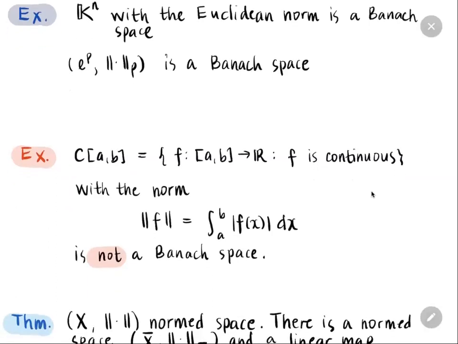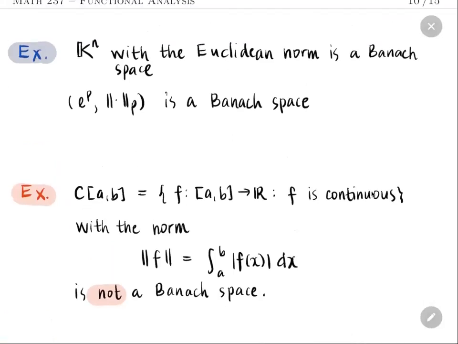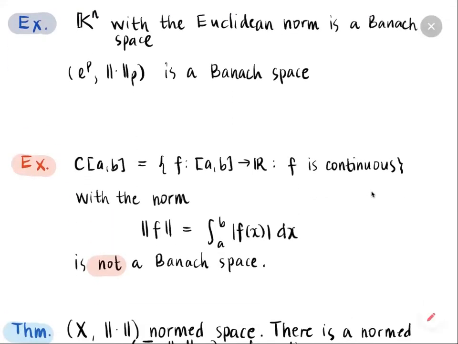So what is the geometrical interpretation of this? Let's say you have a function from a to b. So let's say this is a, this is b. It can have a negative part.